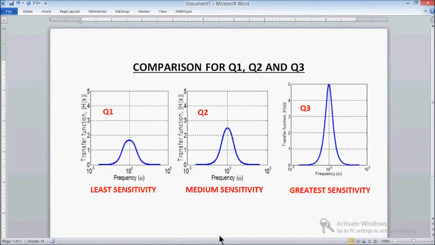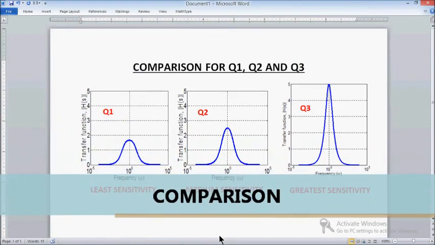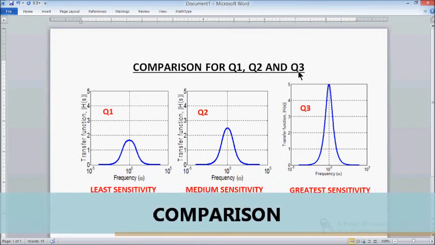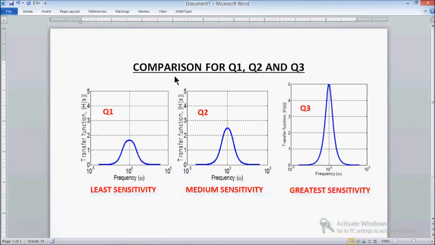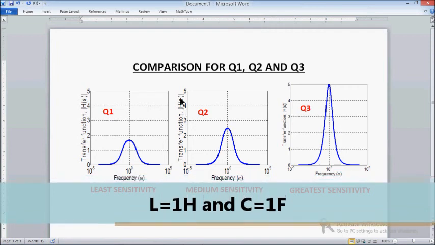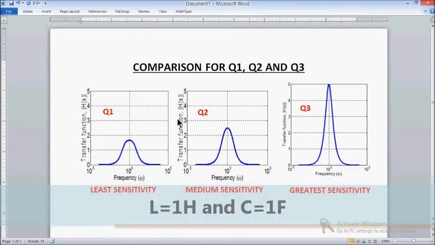Next, the last one, we proceed with the comparison for Q1, Q2 and also Q3. Firstly, for the comparison, we would like to state that we use the same value of L and C for all the equations, for all the Q1, Q2 and Q3, which is the value of L is equal to 1 Henry and the value of C is equal to 1 farad.